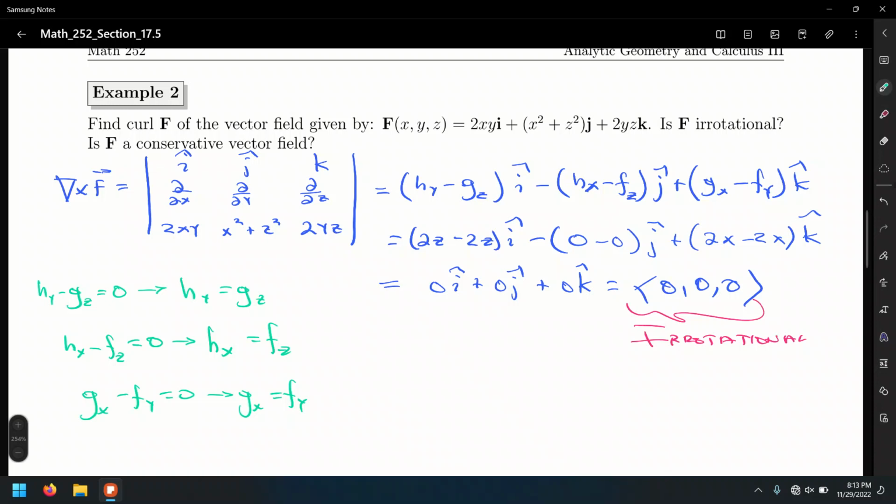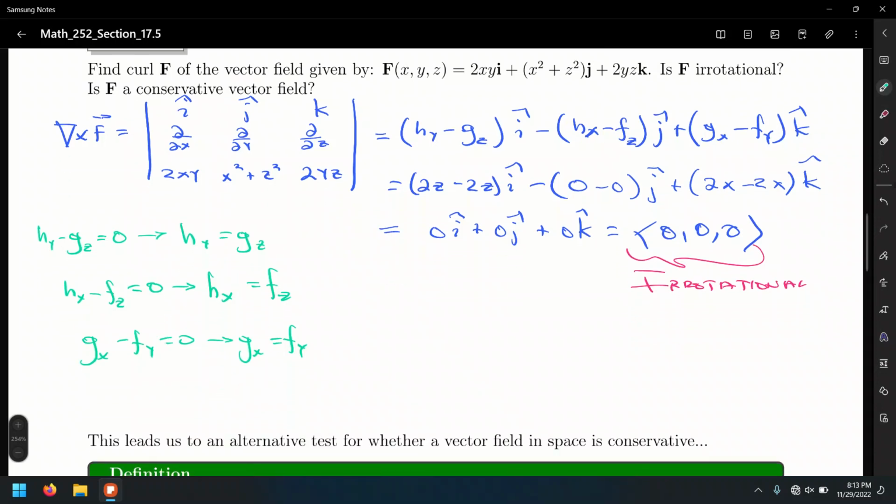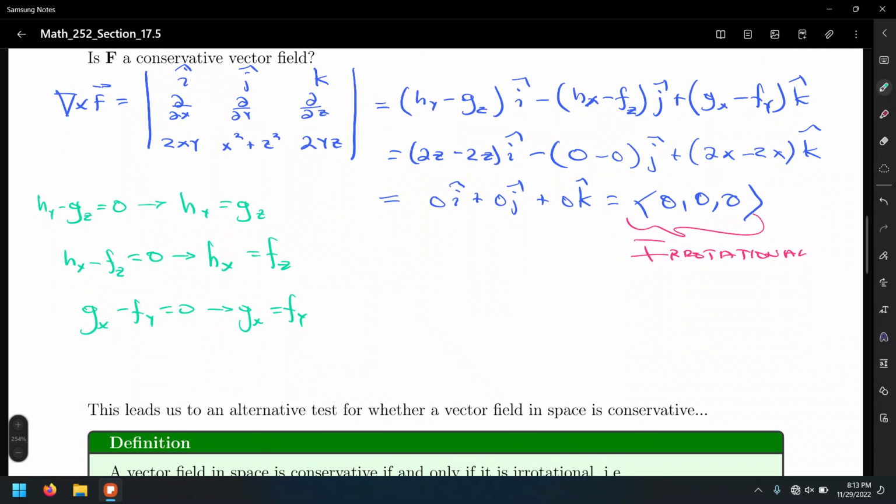So finding the curl of a vector field is essentially a second way to determine whether a vector field is conservative, because we're making the test. We're finding all these 6 partial derivatives, but in this case we're subtracting them. If we get the 0 vector, well, that means it's irrotational, and therefore it's a conservative vector field.